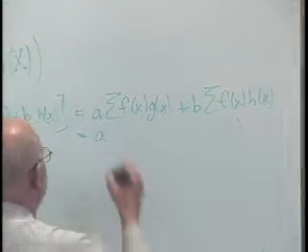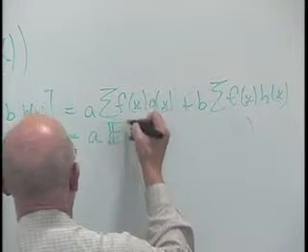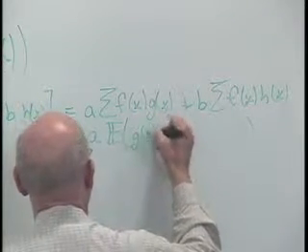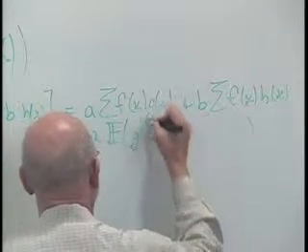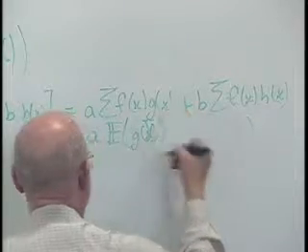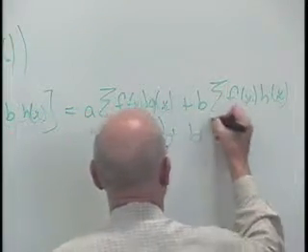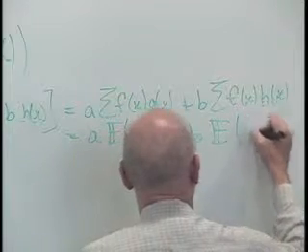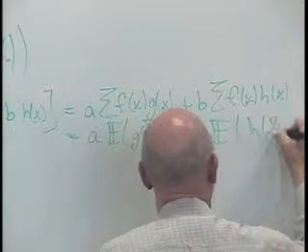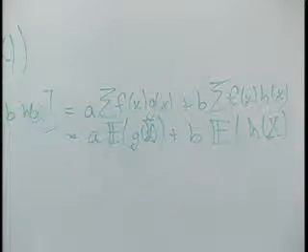That's a times the expectation of g of X, and now I want a capital letter in there again, plus b times the expectation of h of X.